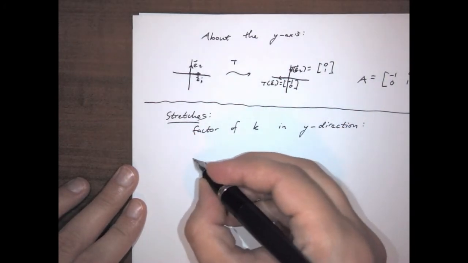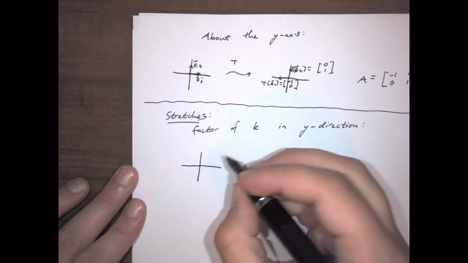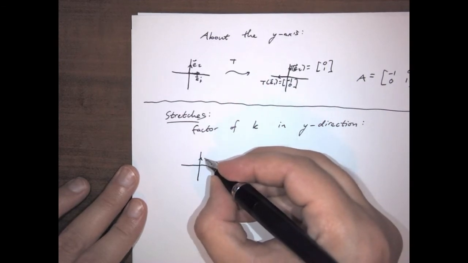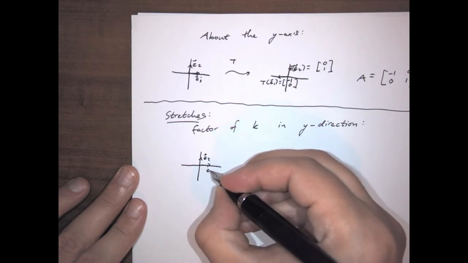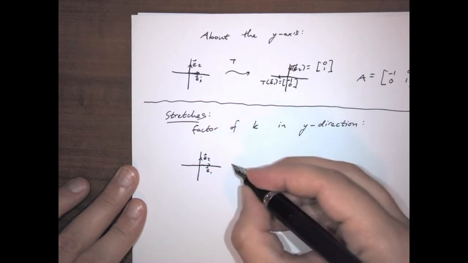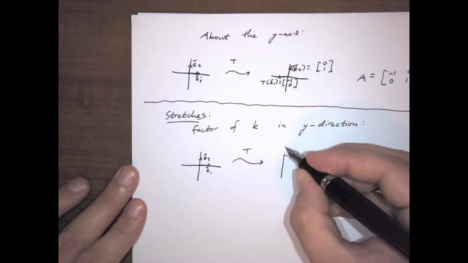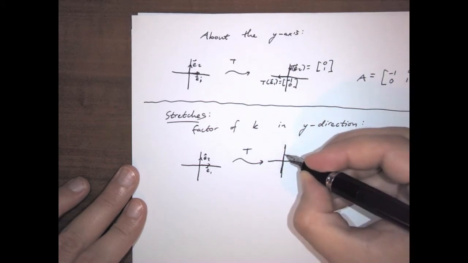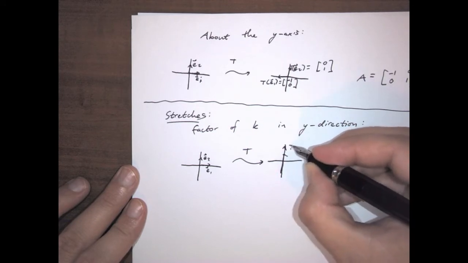So then we'll take the standard basic unit vectors E2 and E1, and this transformation will now take what was once a vector that only went 1, and it will now stretch it out.